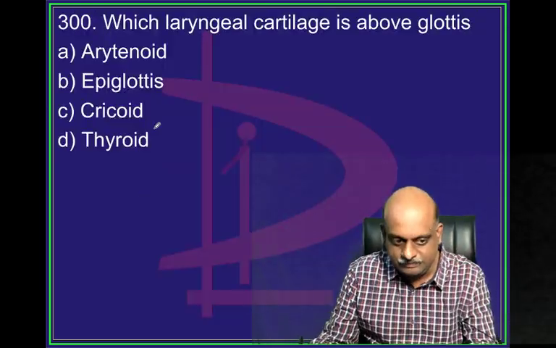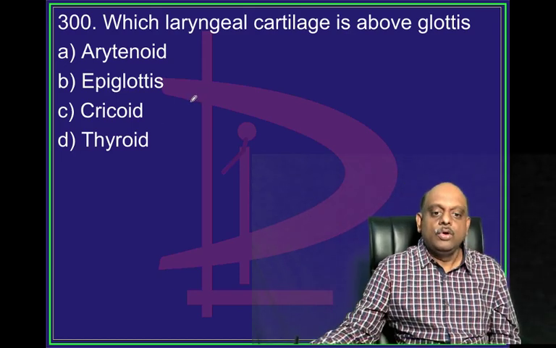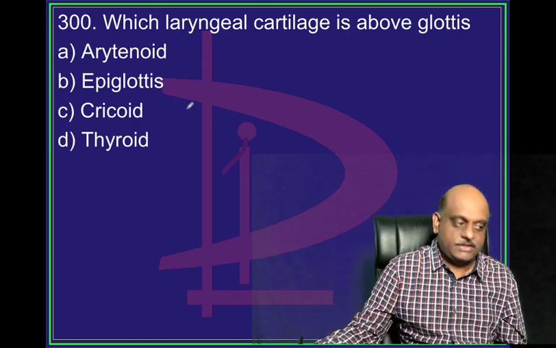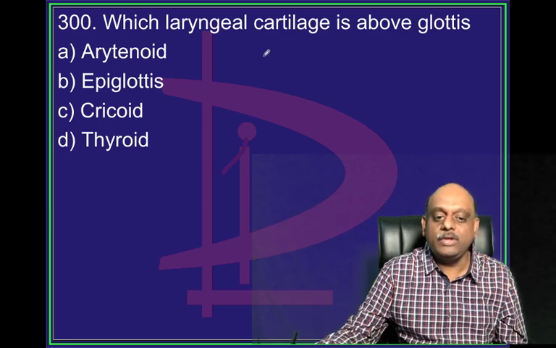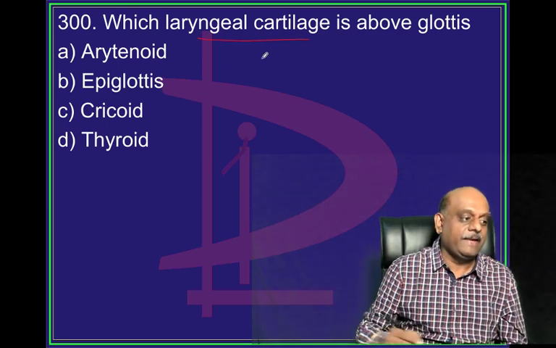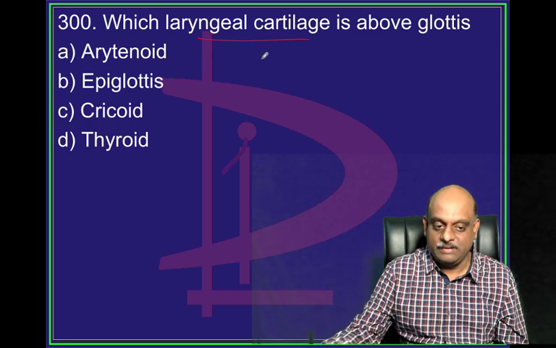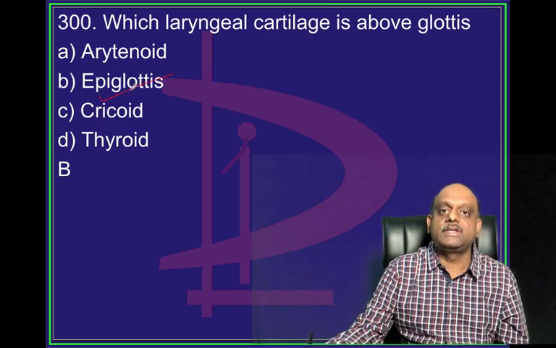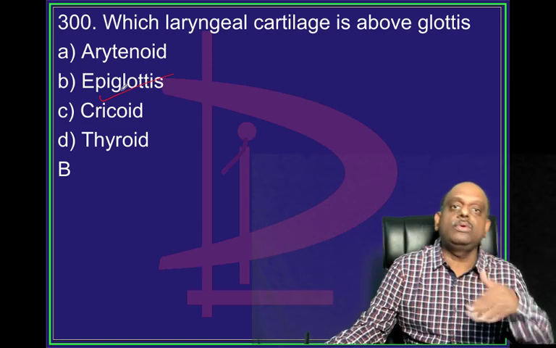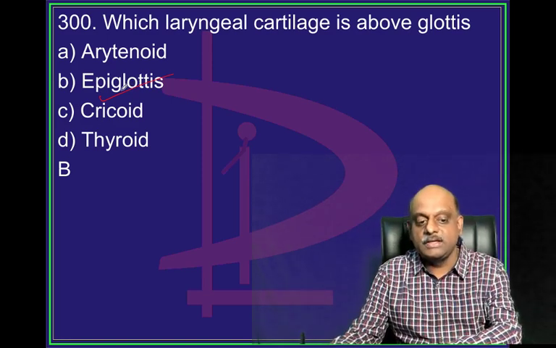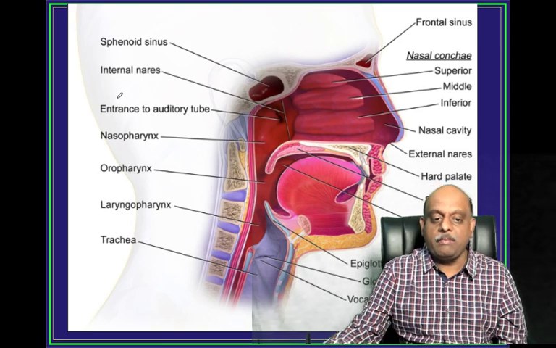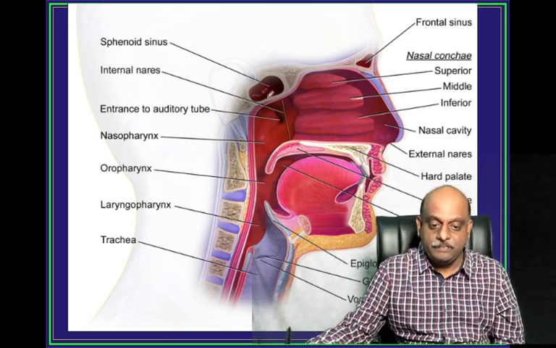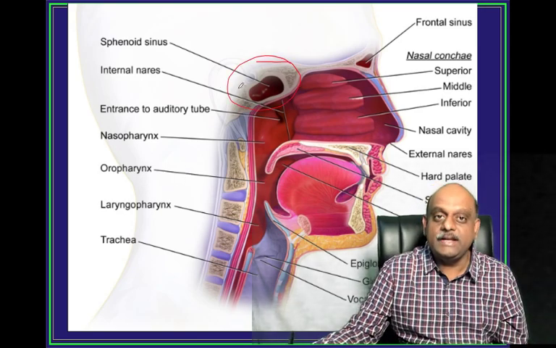Now, doctor, which laryngeal cartilage is above the glottis is a very important question. So you should remember it is the epiglottis which is above the level of the glottis. So doc, this is the sphenoid sinus.